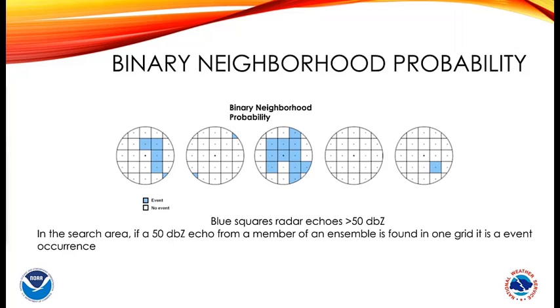Now let's talk about the binary neighborhood probability. What the binary probability here is, this is the circle, the radius of influence. Let's say it's 40 kilometers, and we want 50 dBZ echoes. And the blue in there shows where there are 50 dBZ echoes that fall into that grid box.